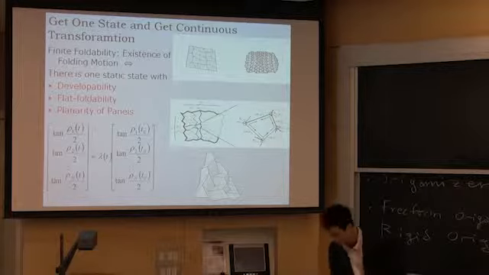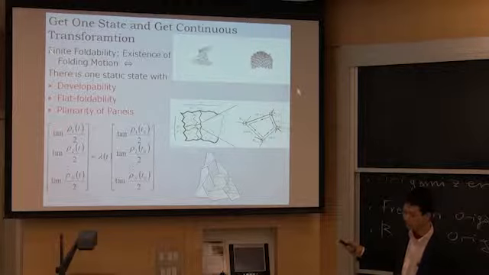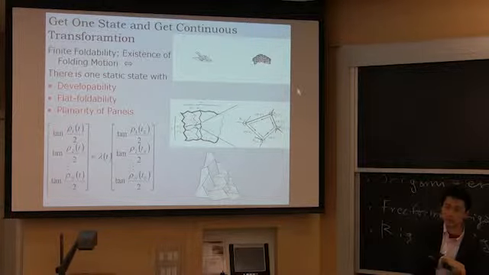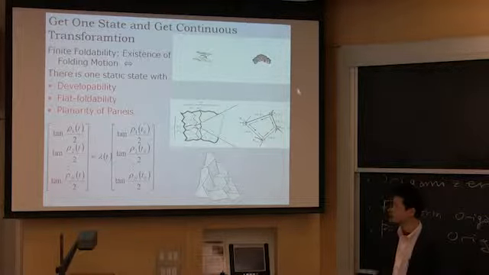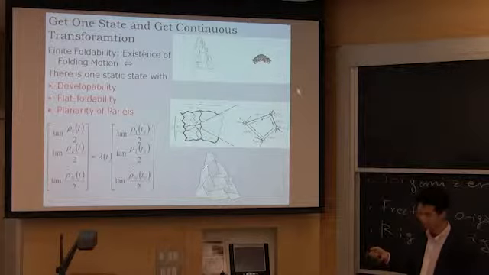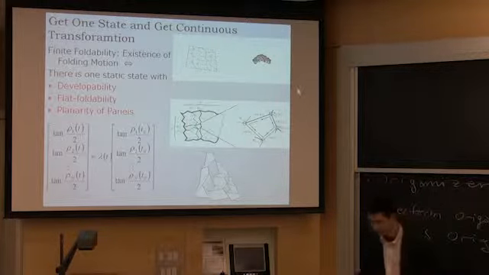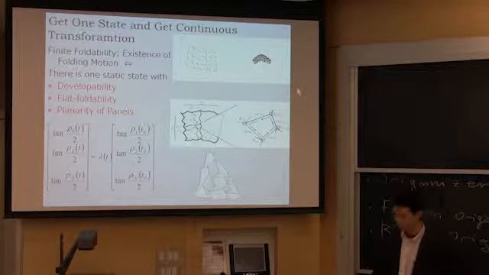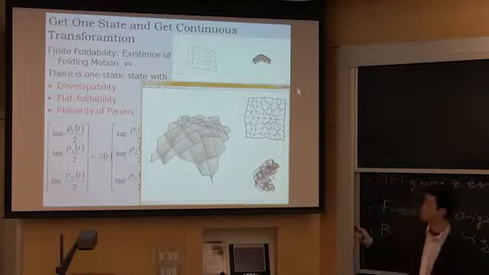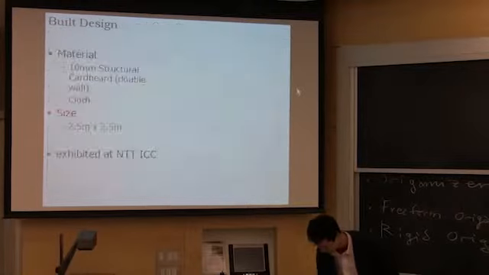And this is easy to get because the finite folding motion, the continuous folding motion from a sheet to the folded state, is guaranteed by one 3D configuration that satisfies these conditions. And in order to get one configuration that satisfies these conditions, we can use freeform origami. So it's very easy for us to do that.